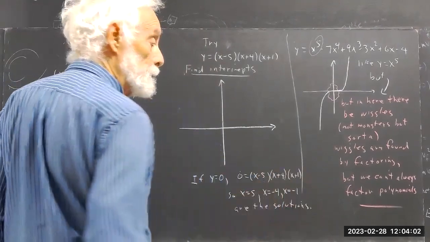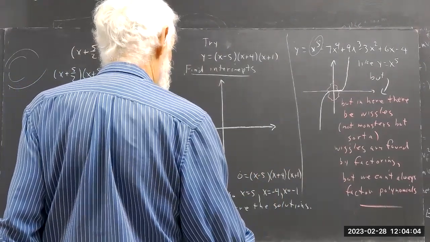It's easy, just set each one equal to 0, get the solution.